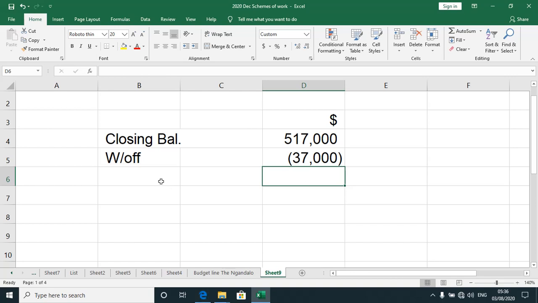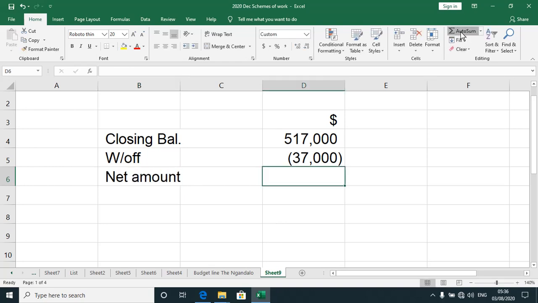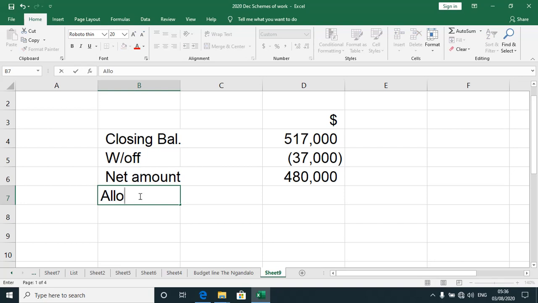And then the net amount is the amount on which we base our receivables allowance, which is standing at how much?